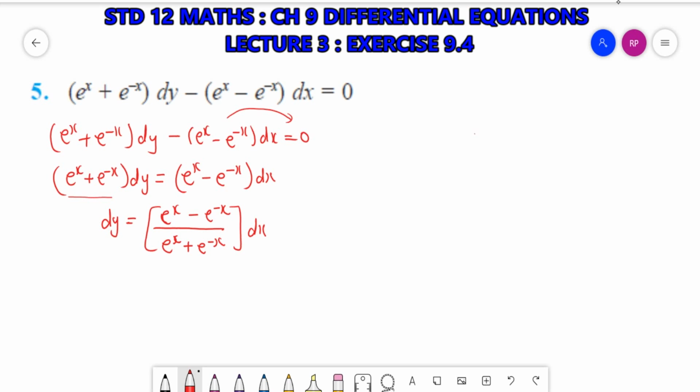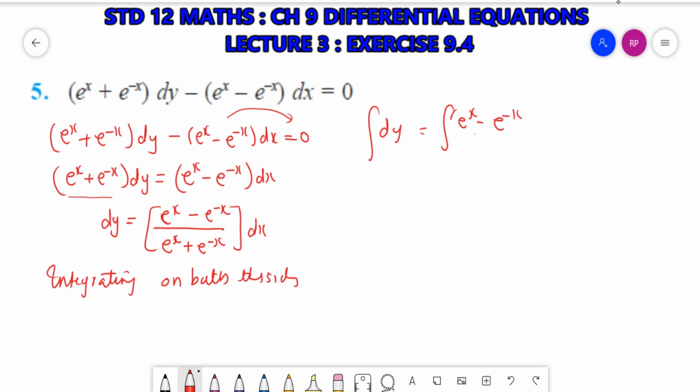Now let's integrate on both the sides. Integrating on both the sides, we will get integration of dy equal to integration of e raised to x minus e raised to minus x upon e raised to x plus e raised to minus x dx.